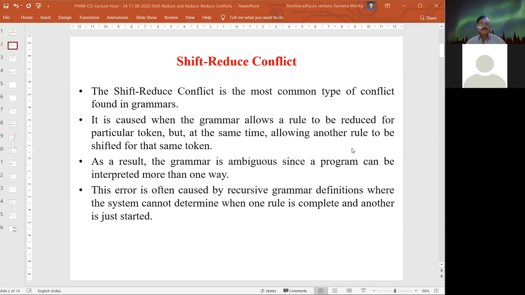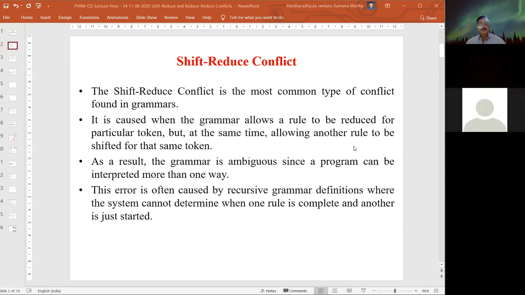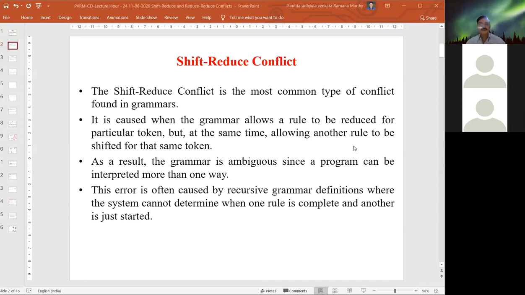This error may be caused by recursive grammar definitions, where the system cannot determine when one rule is complete and another rule has just started.